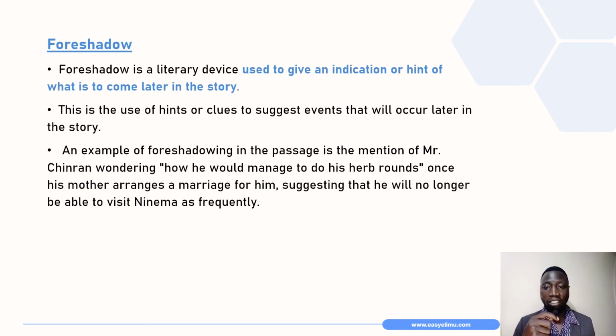So Mr. Chindran thinks of moments in the future when his mother will have arranged a marriage for him. It means that he will not be visiting Ninema frequently to come for the herbs, as he will now be having a wife, maybe to take care of such duties.